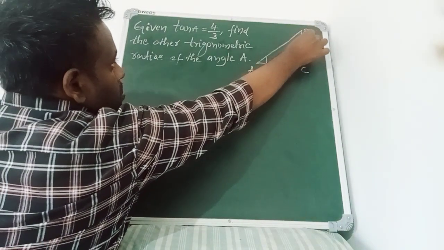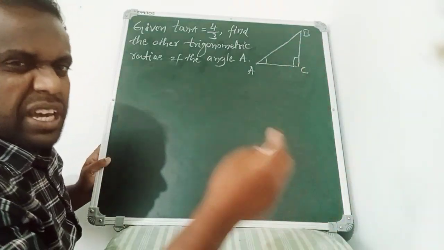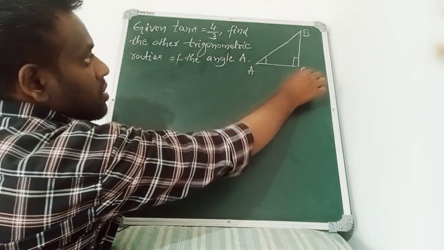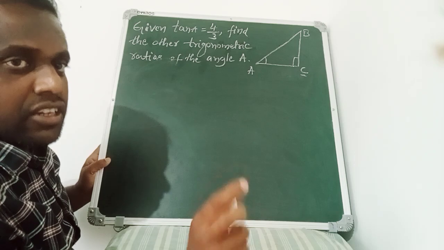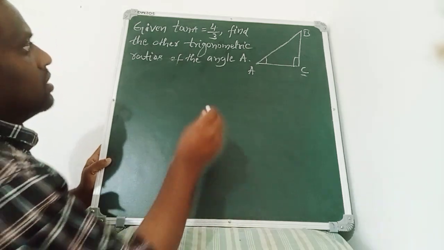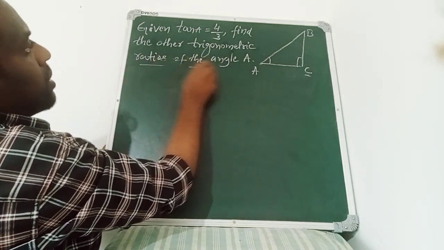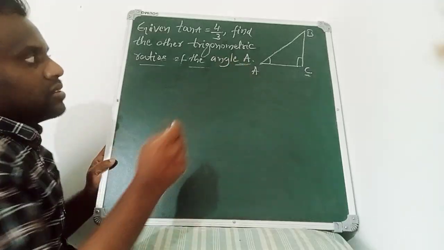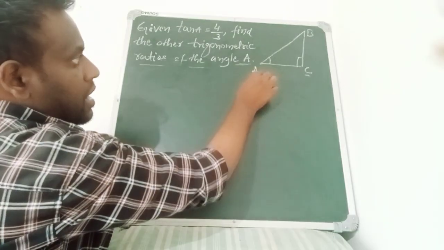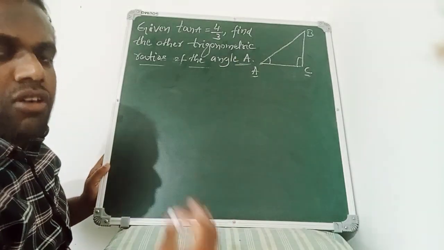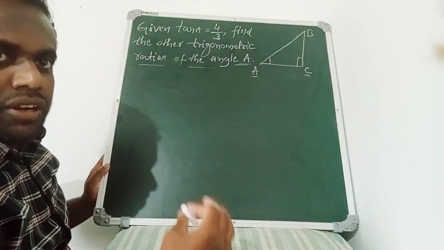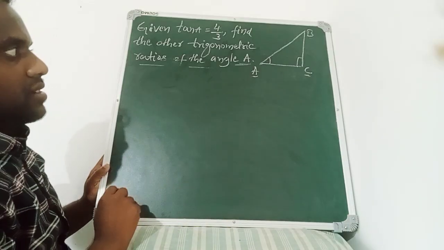Should not consider B, C and all, like sin B, cos B or sin C, cos C. So ratios of the angle A, that means you have to consider this angle A: sin A, cos A, tan A, cot A, cosecant A like that.